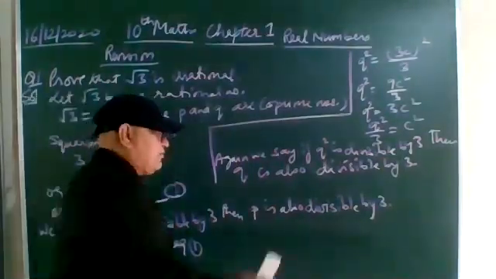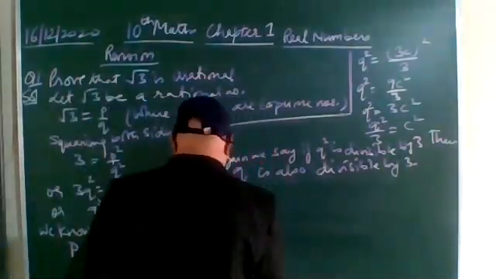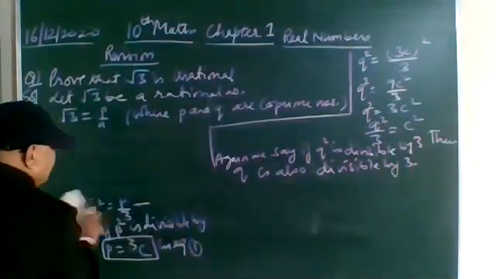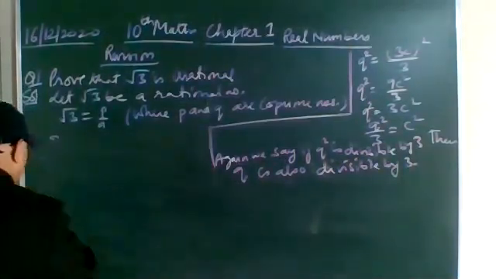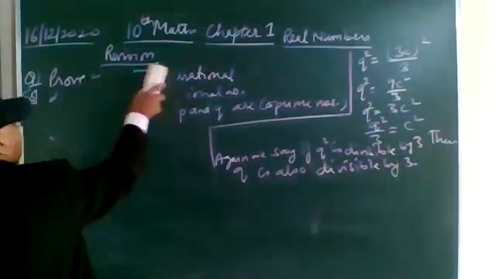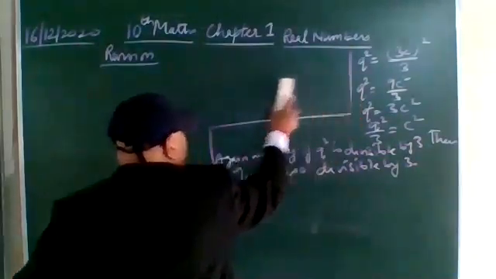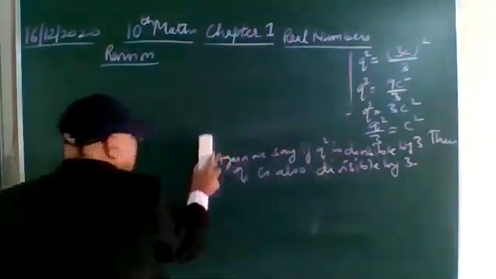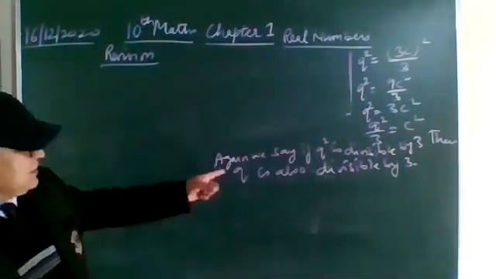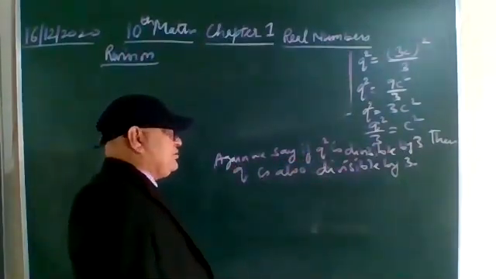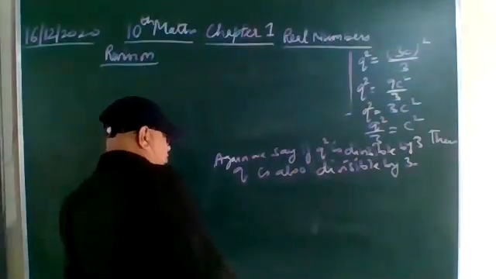After writing this, now what will you write? We have assumed that, after this, again we say Q square divisible by 3, then Q is also divisible by 3.